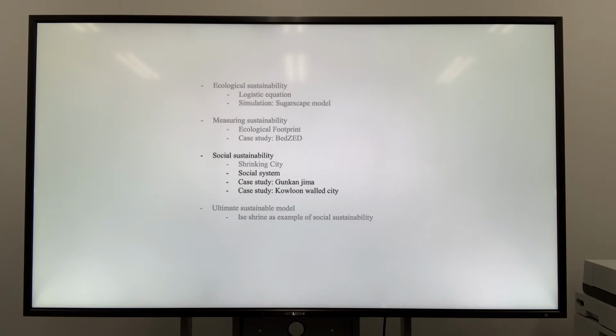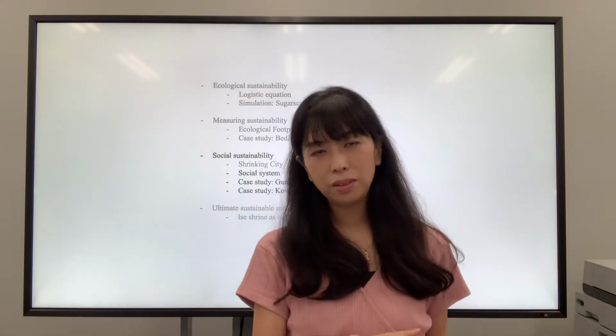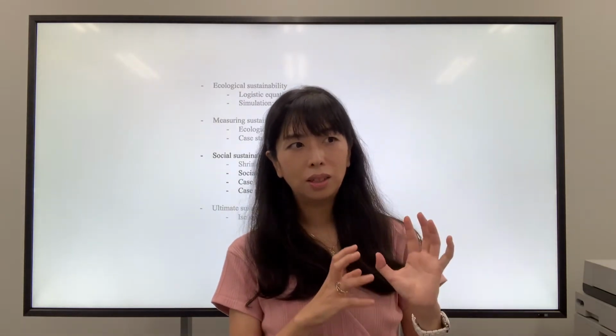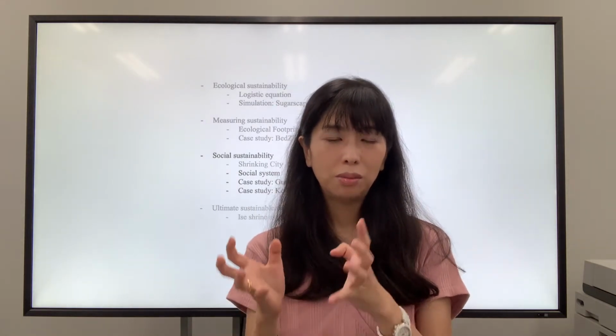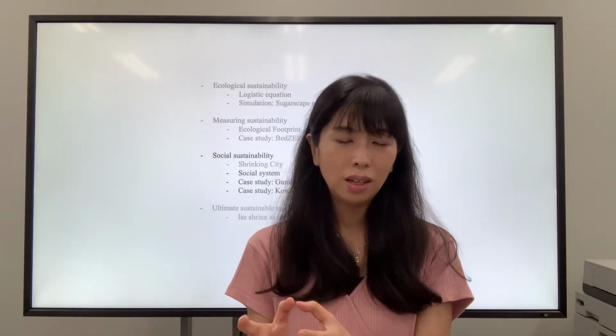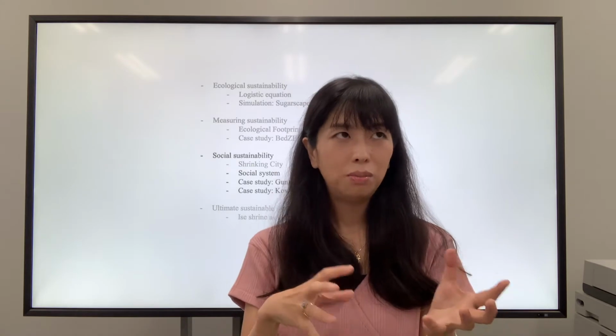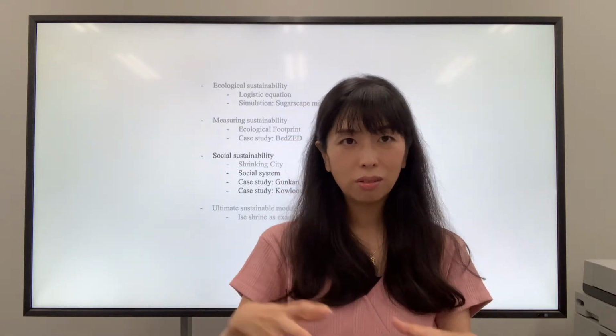Next, I would like to introduce this social system. The previous slide showed how utility level affects people's incentive, and because of this, one makes a decision to move from one location to another.